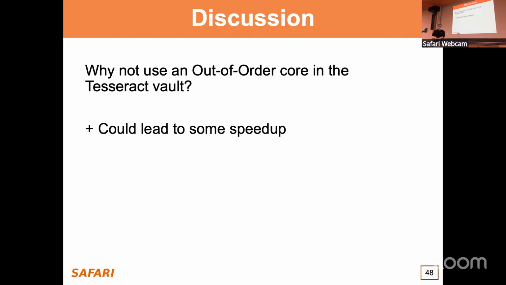An out-of-order core usually helps with memory latency, so it could still lead to some speedup. However, the entire system of Tesseract is designed such that there is hardly any memory latency, or it is decreased by a lot.